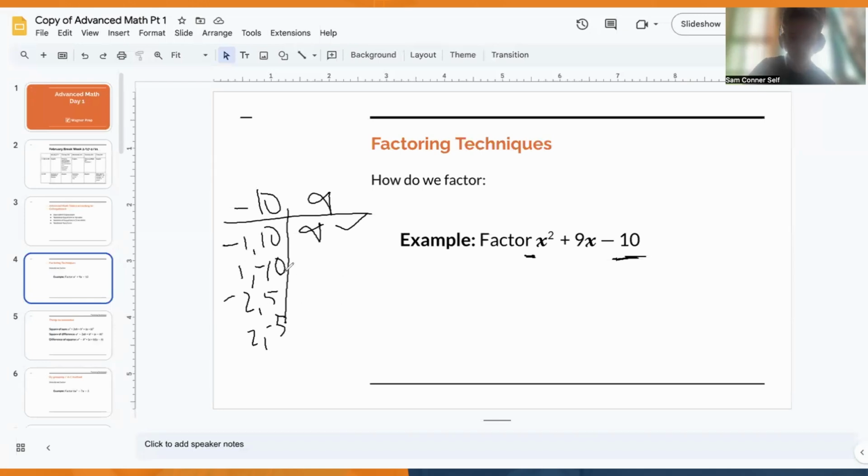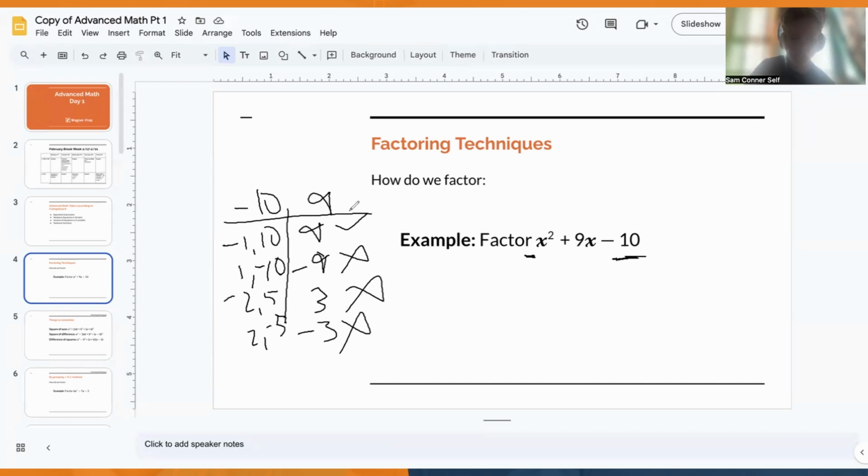But then just looking at these, if you write down one of these as your first option, negative 10 plus 1 is negative 9. So this is close, but the sign is opposite. So we know it's not going to be these two factors. Negative 2 plus 5 is going to be positive 3, which is not 9. So it can't be those. And then on the flip side, negative 2 plus negative 5 is negative 3. So it also can't be those factors.